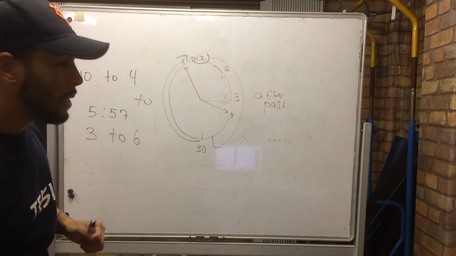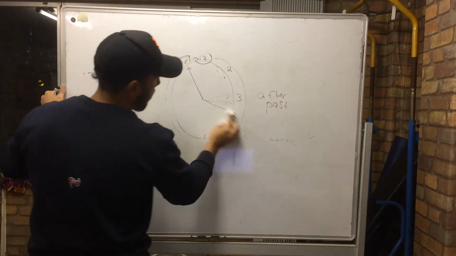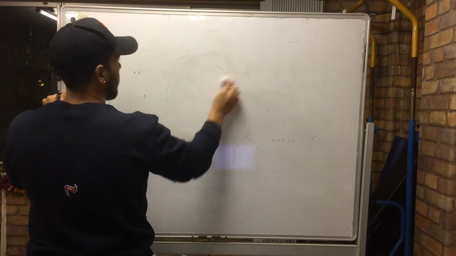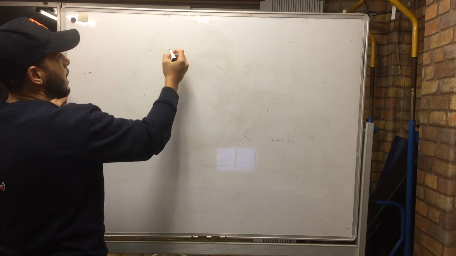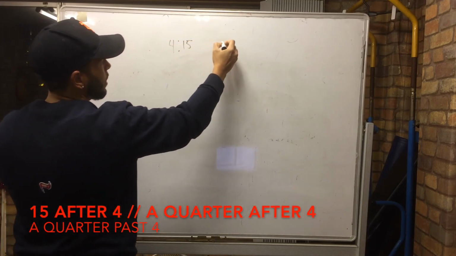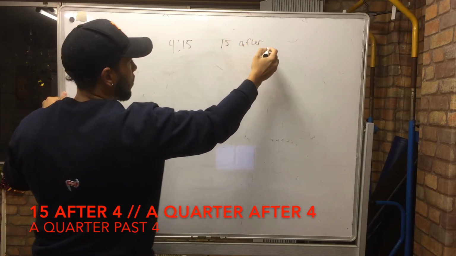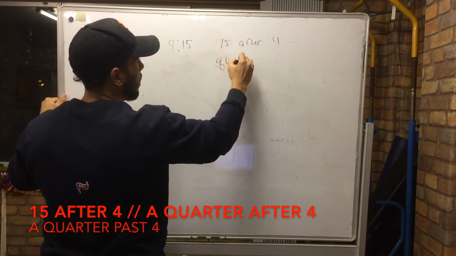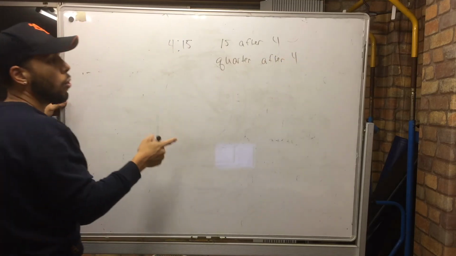Alright? Now, let's go back to what I was saying before about the quarter. Wow, this is dirty. I needed new erasers. It's been forever since I used this. Everything is digital now. In the case of, let's say, 4:15, we would say 15 after 4, or a quarter after 4.